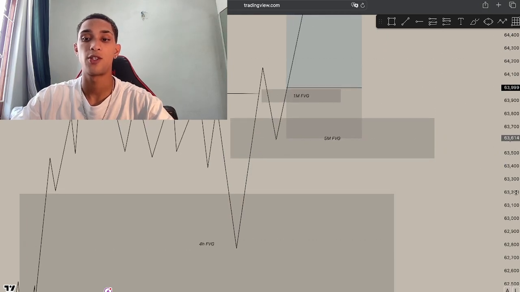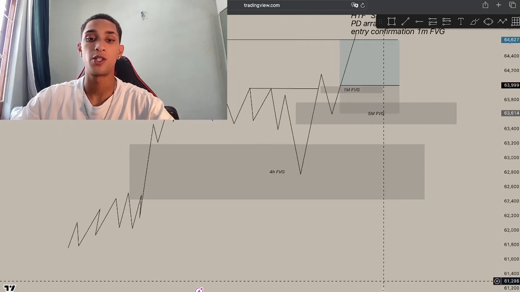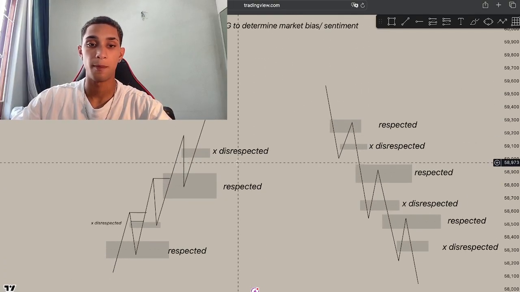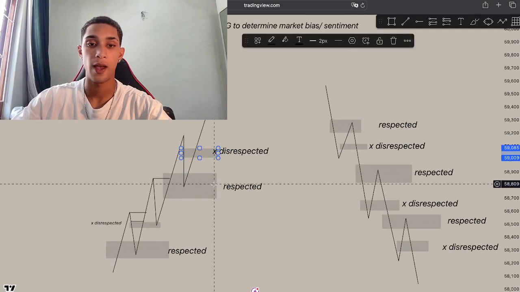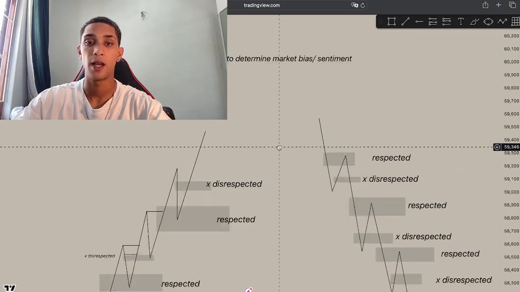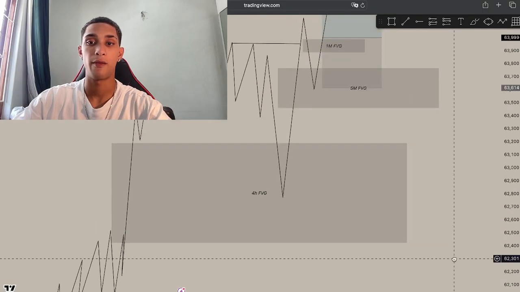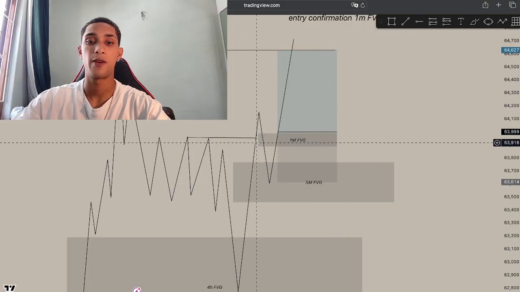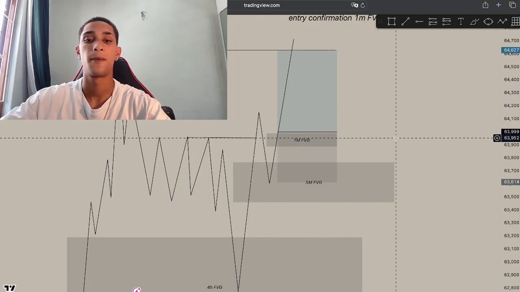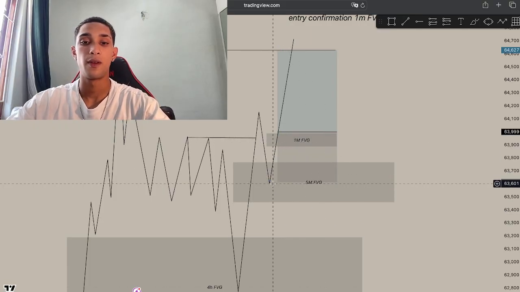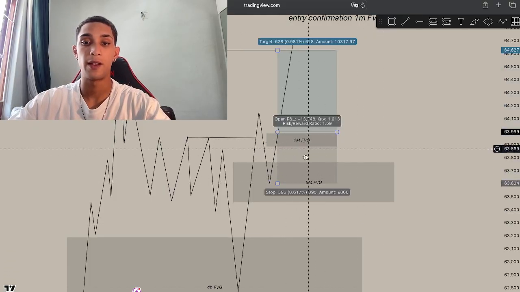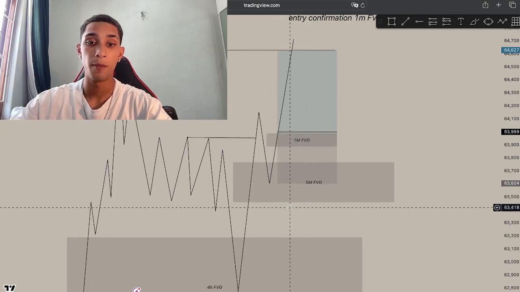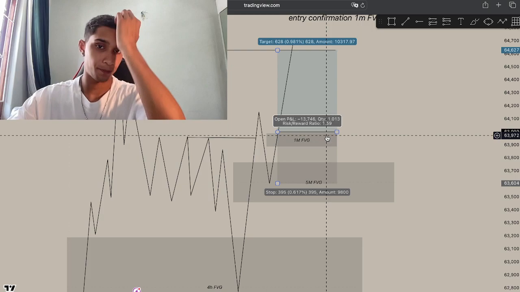Remember what we said just now. When we are in a bullish market, we will be disrespecting bearish fair value gaps and respecting bullish fair value gaps, exactly like we have right here. We've disrespected this bearish fair value gap by closing above it, and we've respected this bullish fair value gap by holding within it and closing out of it, not through it, but back where we came from.